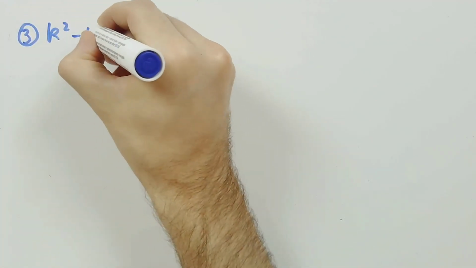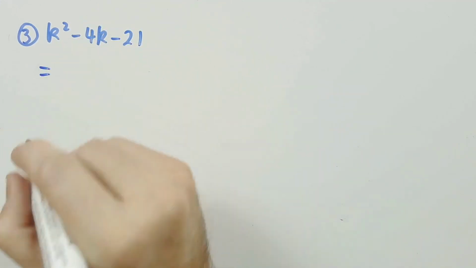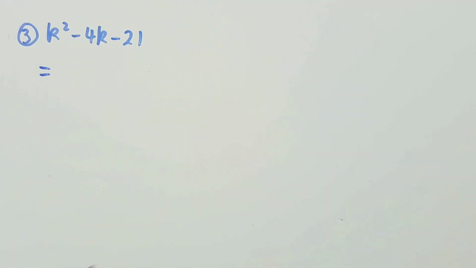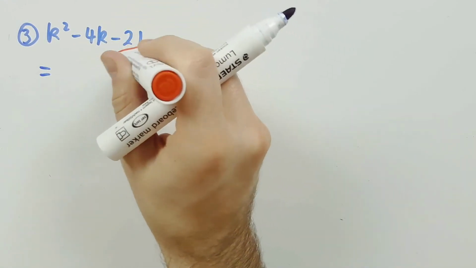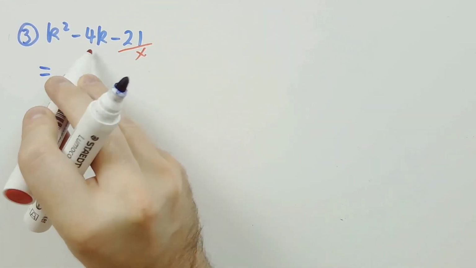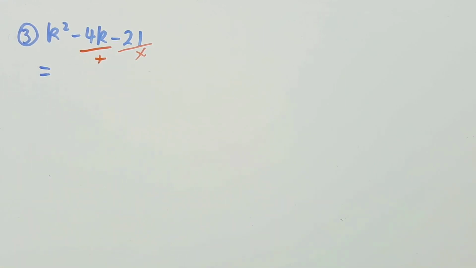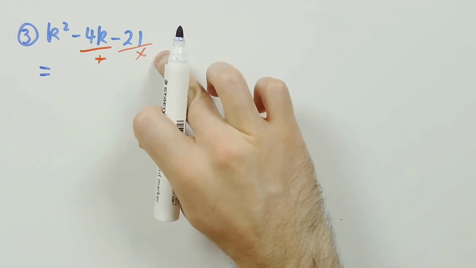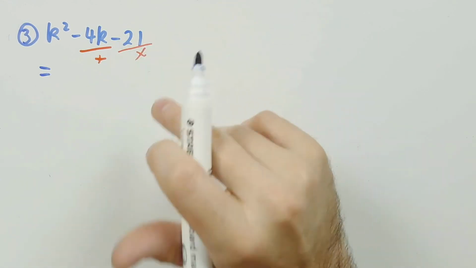k squared minus 4k minus 21 equals, and this time, once again, two numbers that multiplied together give us negative 21. This time we've got that negative in there, and two numbers which added together give us negative 4. So let's start out with the factors of 21.